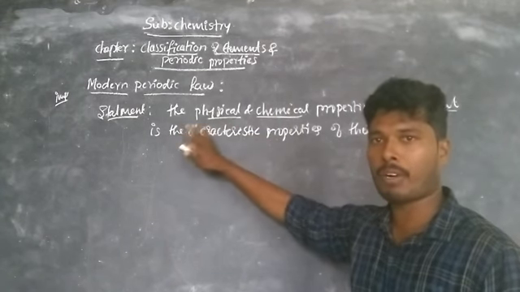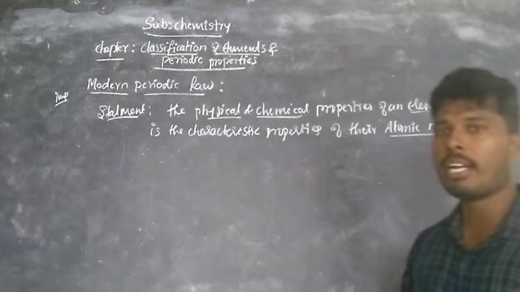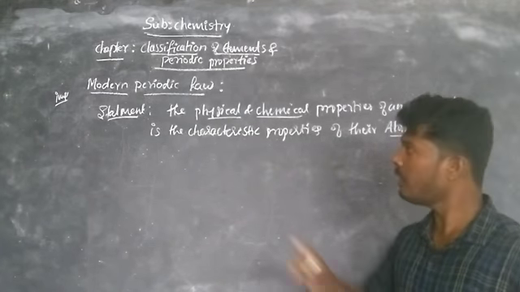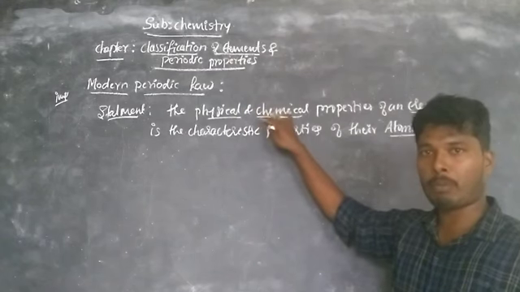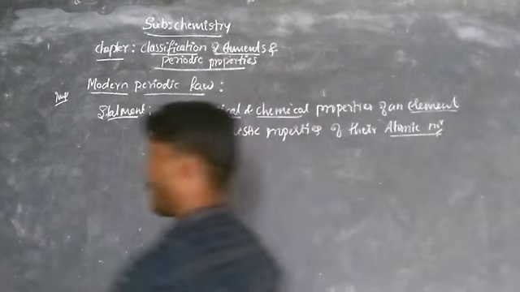modern periodic law. On the basis of this, they arranged a table, meaning the atoms are arranged in a particular manner on the basis of physical and chemical properties. That is called the modern periodic table.